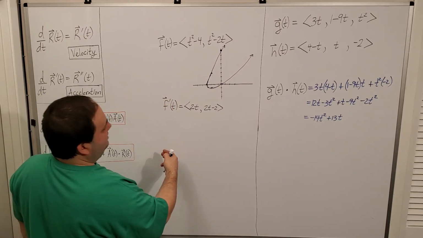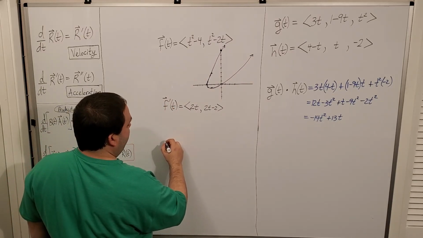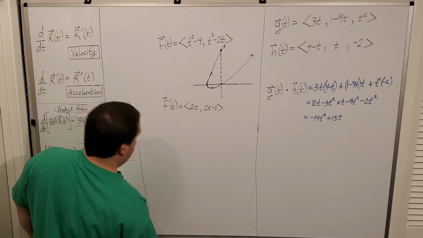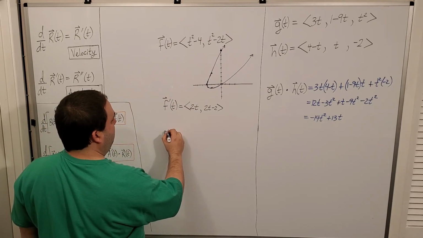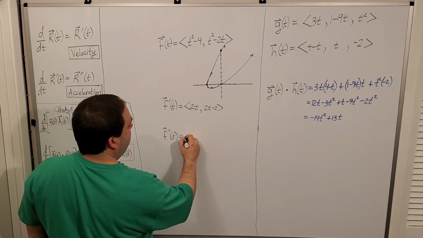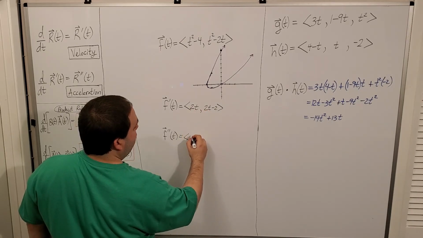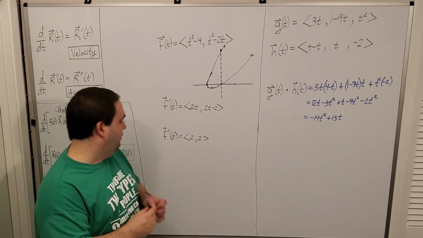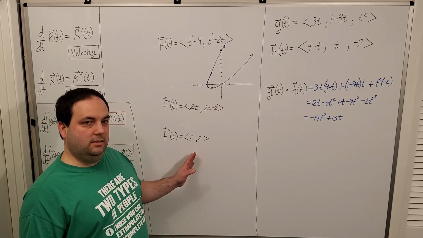And then again, if I take the second derivative, the second derivative vector function, the acceleration vector, notice what I'm getting is just 2 and 2. So my second derivative vector function is a constant.